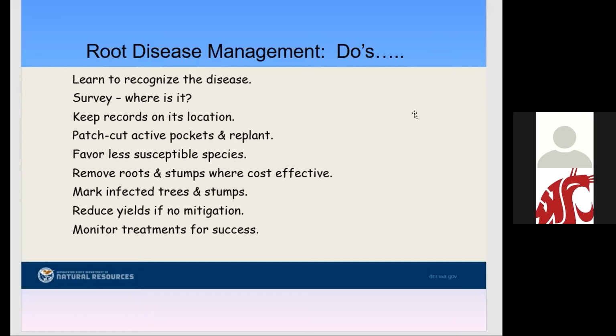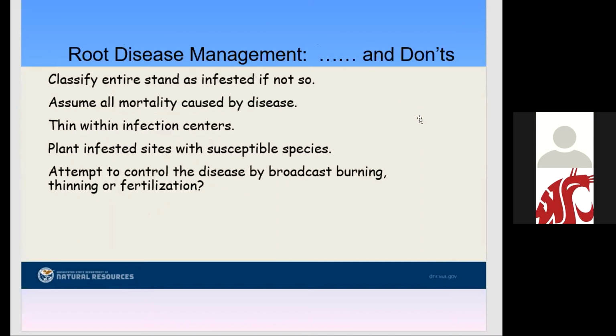And so the idea of starving these pathogens by eliminating their hosts will go to great lengths to eliminating these pathogens from the site. And of course, a couple of don'ts.